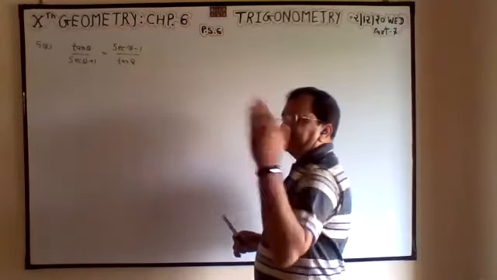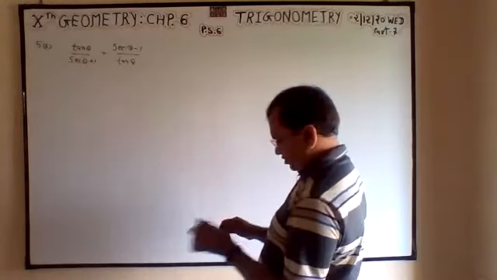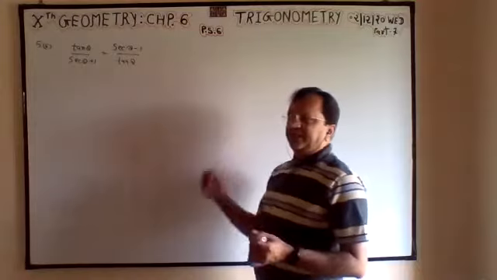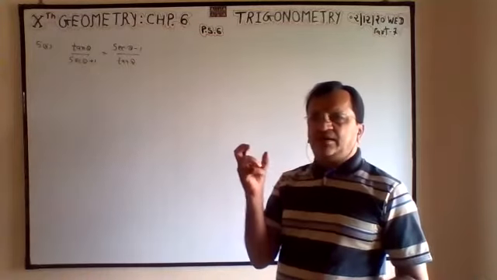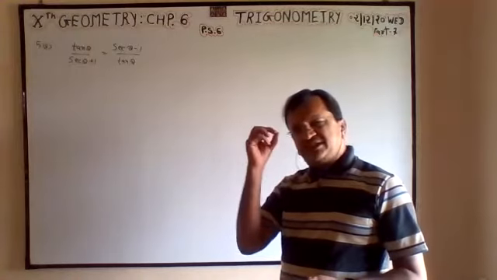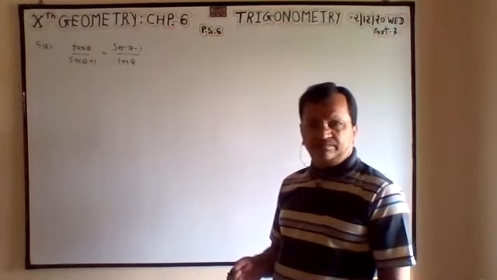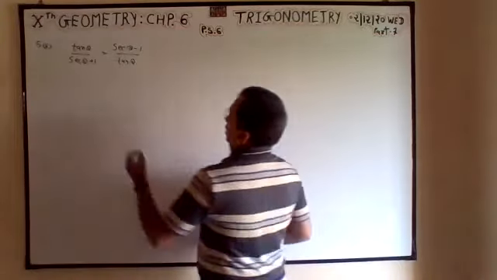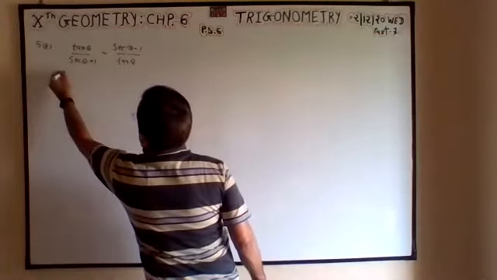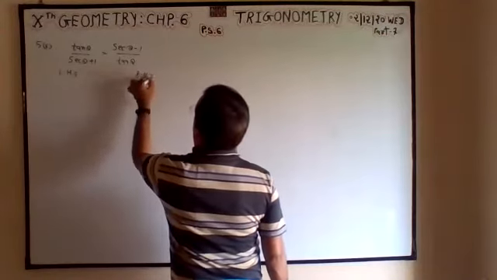Okay, left side I will solve separately, right side also I will solve separately. Sometimes both sides you will get this type of equation. You convert both sides into a very simple form, and you can make it equal. Listen, left hand side only, right hand side only.